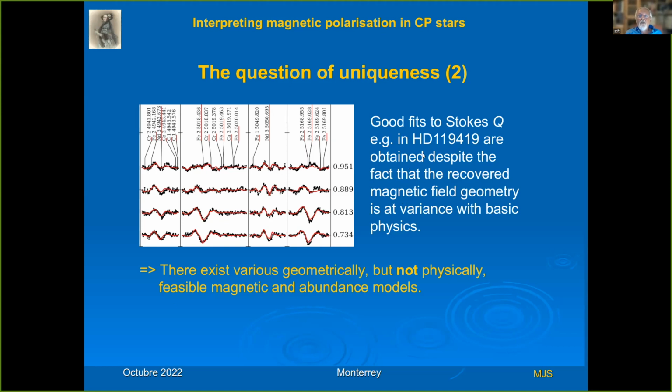So this means you get really something that looks like a good model, a unique model, but it cannot exist in nature. So you can only conclude that there exist various geometrically, but not physically feasible magnetic and abundance models.